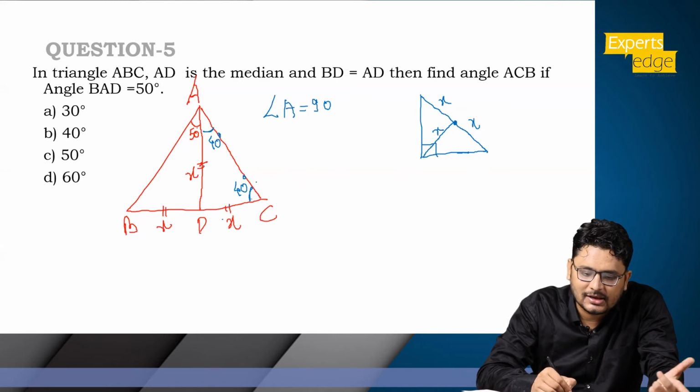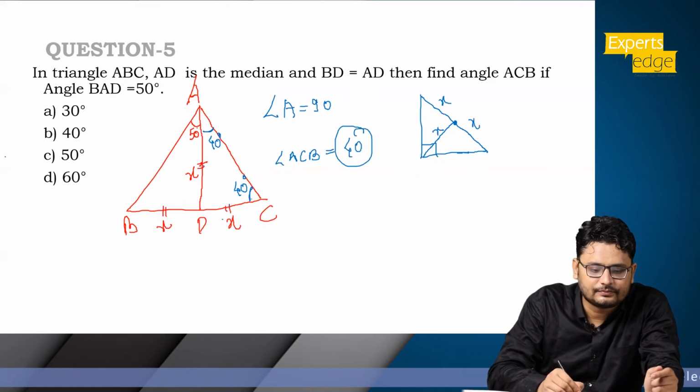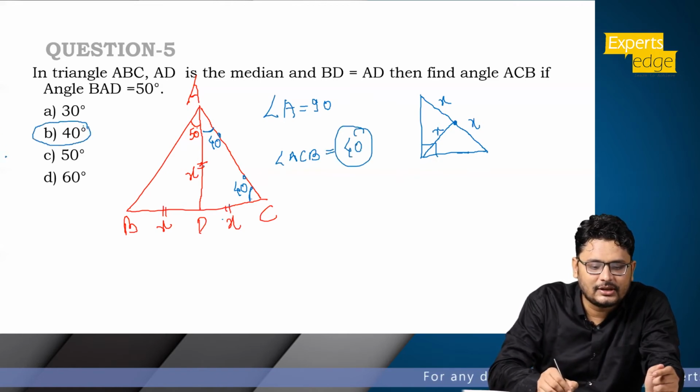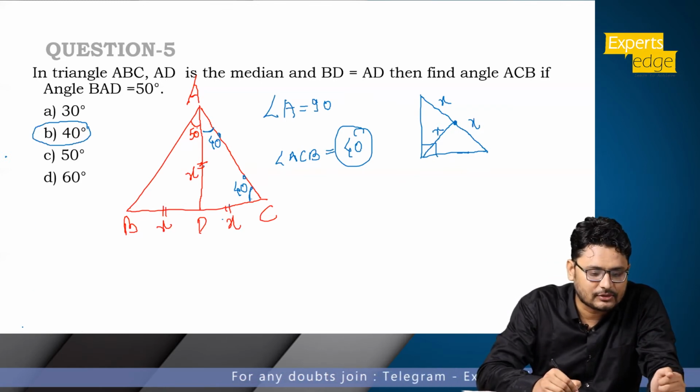Angle ACB, yeah, same angle. So angle ACB should be nothing but 40 degrees is your answer. Okay. So I hope this is clear. Pretty important and a basic concept, but please remember this. Let's go to the next one.